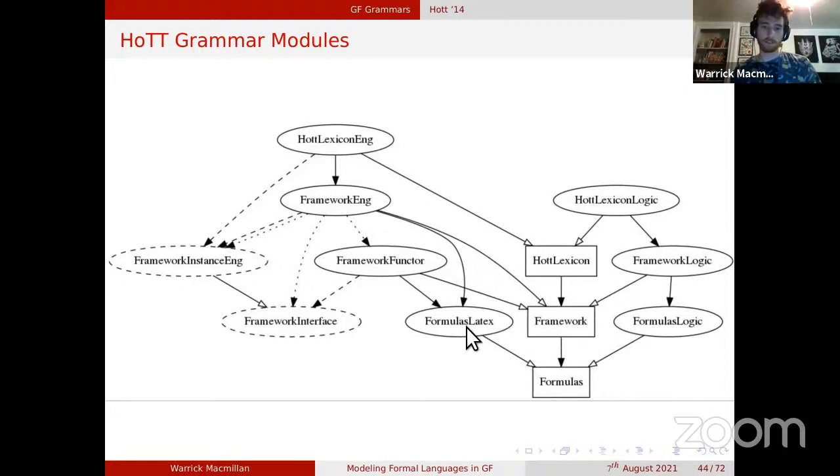Or I guess the LaTeX is referencing the formulas. So more of the document structure, and then the lexicon on top of that. So this is some pidgin logic language that Arne just produced ad hoc. And then there's English, but there's also a functor. So then there's multiple languages, I think there's French and maybe Swedish or something.